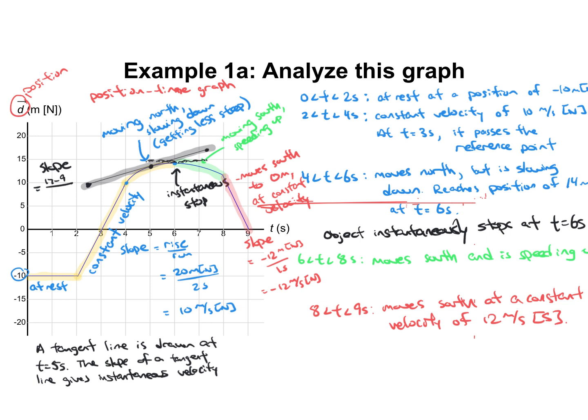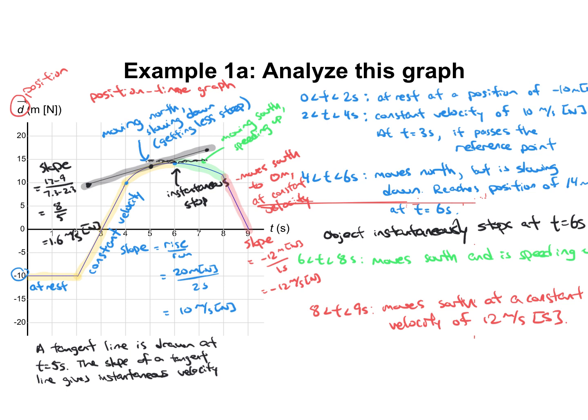And then the run, it started at about 2.3 and went up to about 7.3. So I'm going to say 7.3 minus 2.3. This is just an estimate here. So that would be 8 over 5, and that would be 1.6 meters per second north.